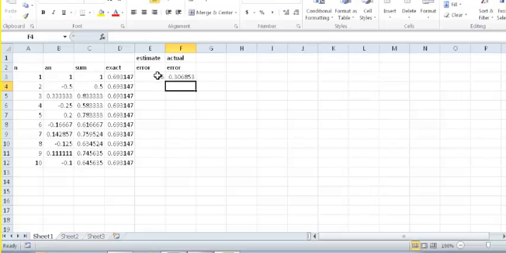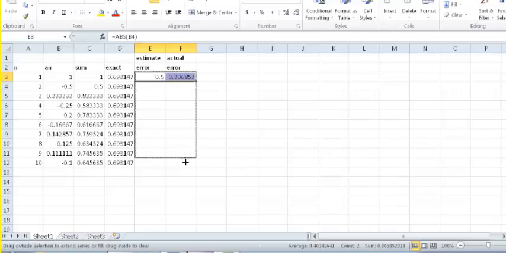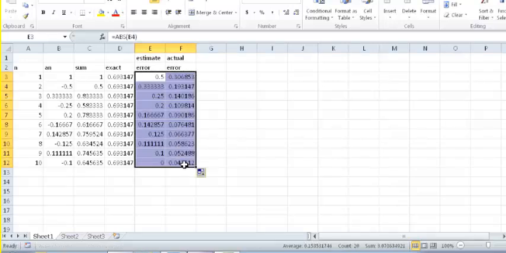So the estimated error is this, the actual error is even less. And so we can copy that down. Something's not quite right. Oh, it's because I have to keep copying this down.